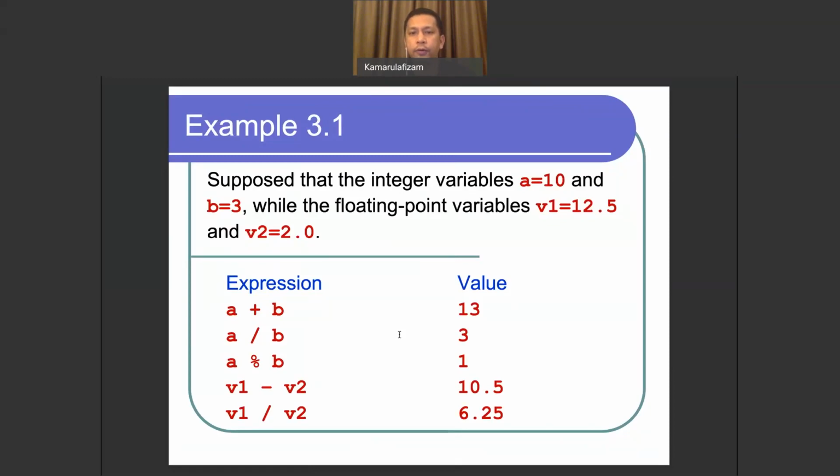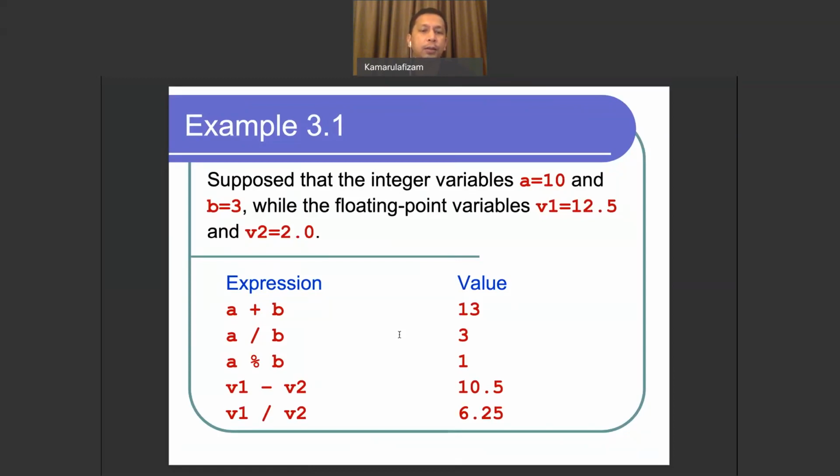Of course, 10 divided by 3, you will have some remainder, but for this particular arithmetic operation, they will just take the first true value of the operation. The remainder is not picked up by this operation.